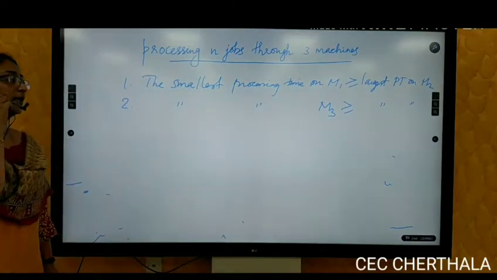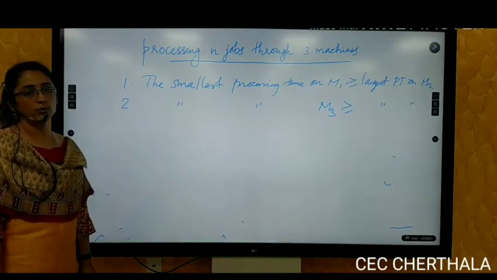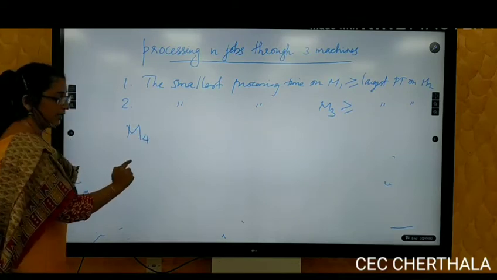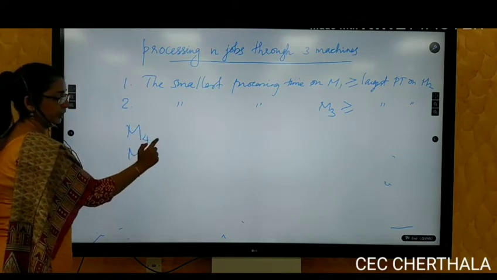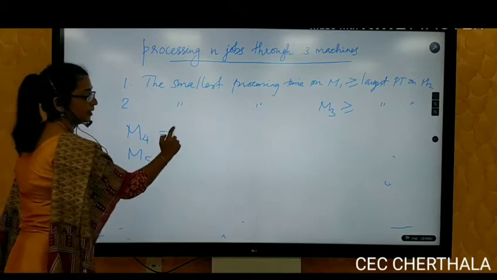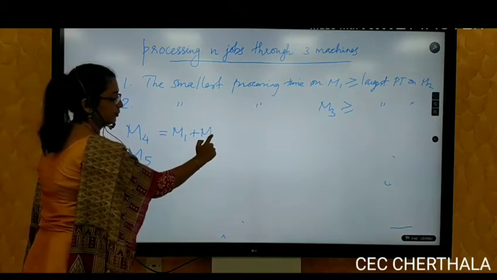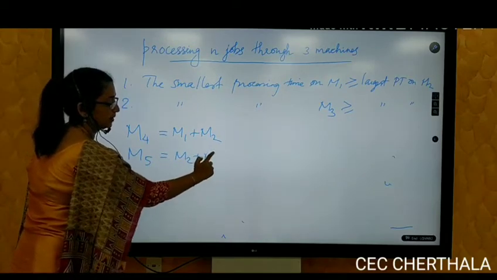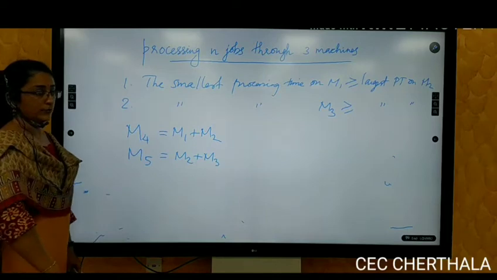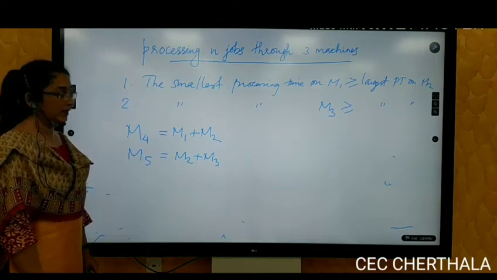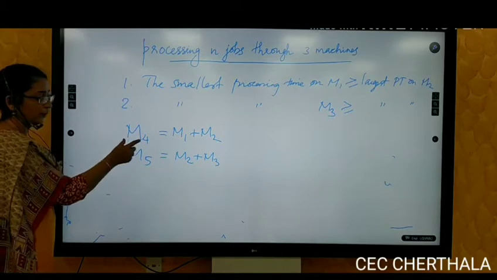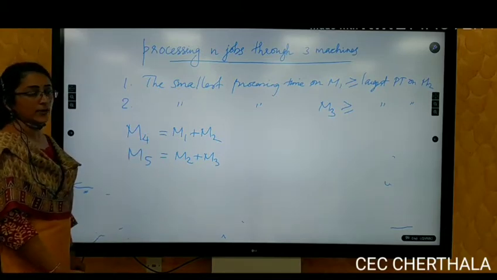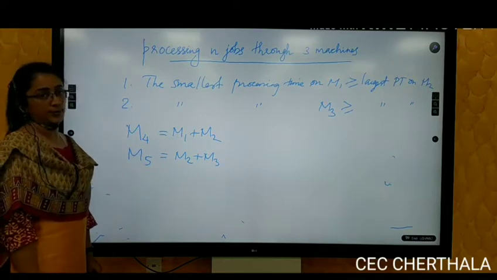That is done by taking another 2 hypothetical machines, say M4 and M5, where M4 is equal to M1 plus M2 and M5 is equal to M2 plus M3. Now, to apply Johnson's rule, we take the two machines as M4 and M5. Then the procedure is exactly same as that in the case of processing n jobs through two machines.